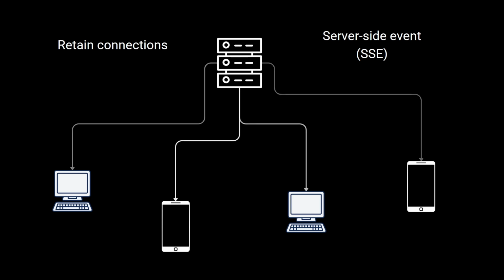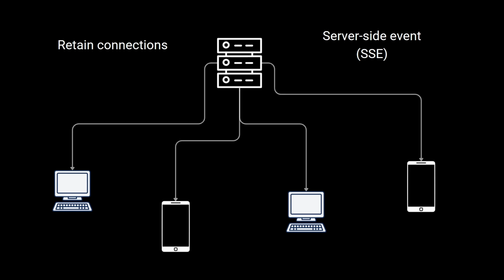This approach is very good for sending notification to your client, but it does not work in the background. And for services like Cloud Run, where you need to pay for CPU usage, this approach is not the best because you need to retain the connections. If you are using Cloud Run or any other serverless services, that means you need to pay the full price. It defeats the purpose of serverless technology.